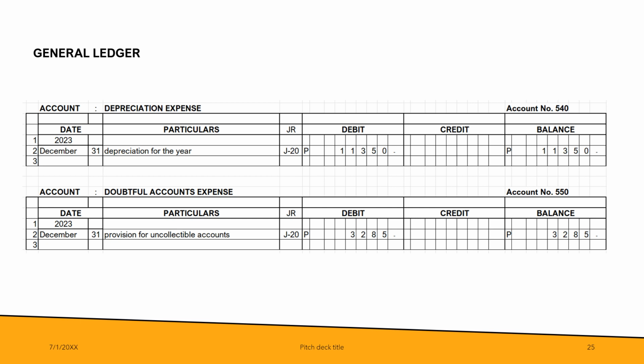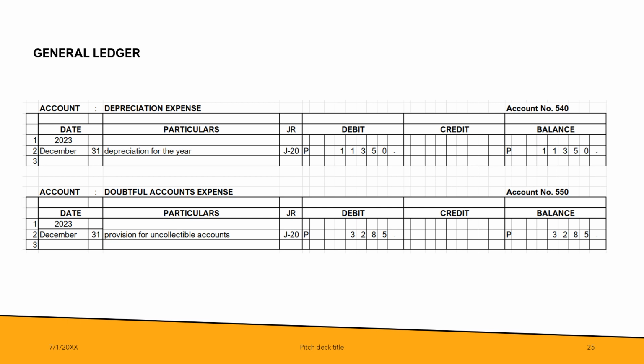And then next we have the doubtful accounts expense. The date of the adjusting entry is December 31, 2023. The explanation or details of the doubtful accounts expense is provision for uncollectible accounts. The journal reference is the same as the depreciation expense. The amount entered under the debit column is 3,285 because that's the amount that we estimated to be uncollectible for the year.